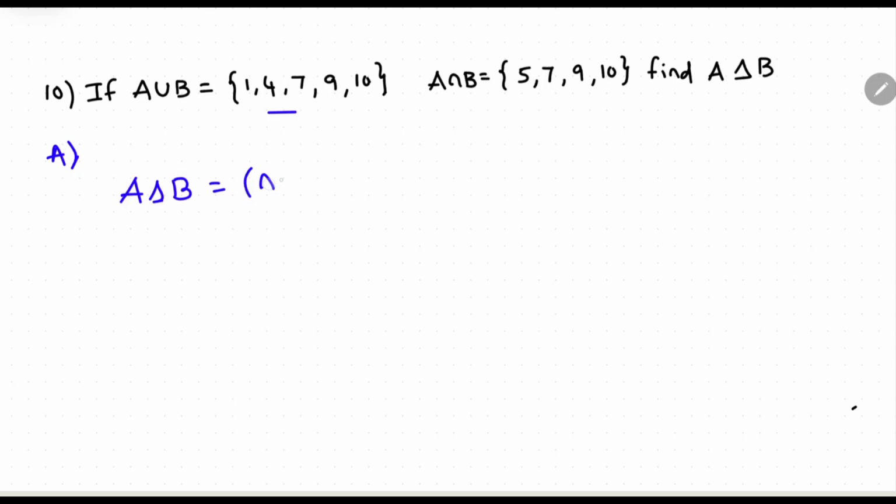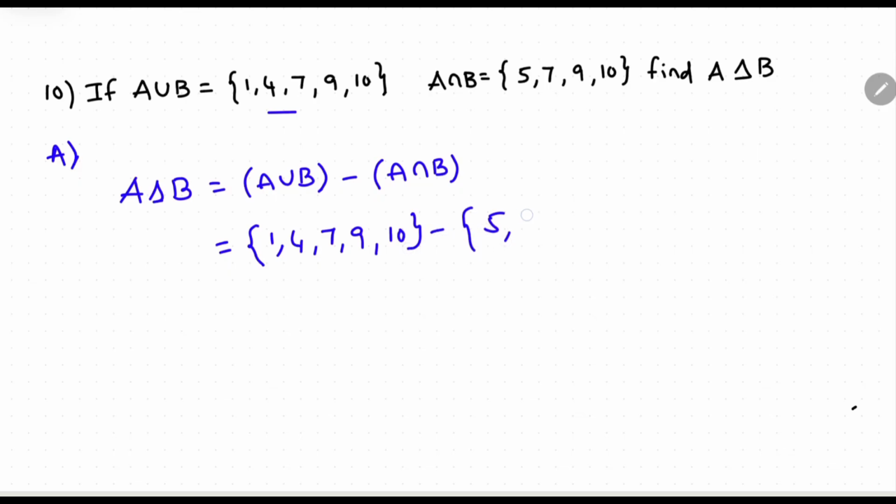We are having A union B minus A intersection B. So what is the union? 1, 4, 7, 9, 10 minus, what is the intersection? 5, 7, 9, 10. Here we can cancel 7, 7, so 9.